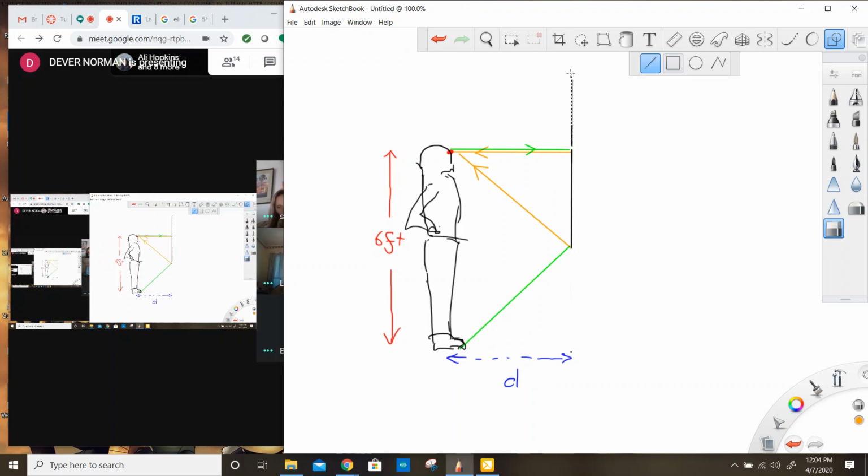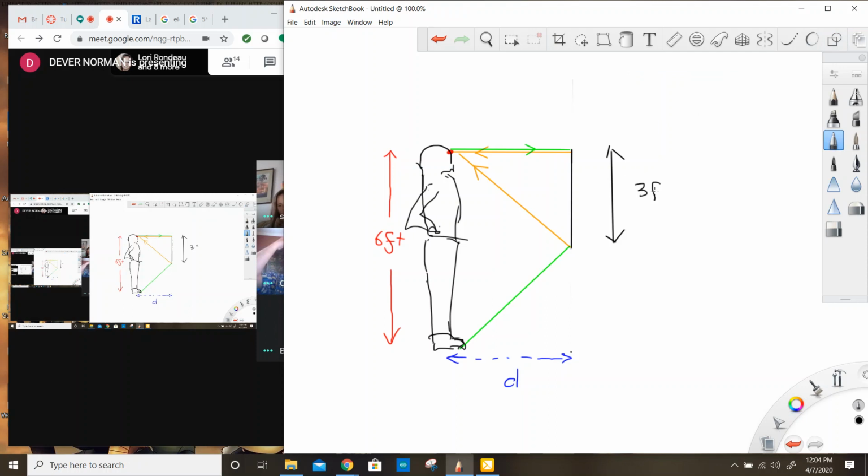We need exactly half of his height, because his eyes aren't exactly on the top of his head, but they're approximately 3 feet. Whatever half your height is.